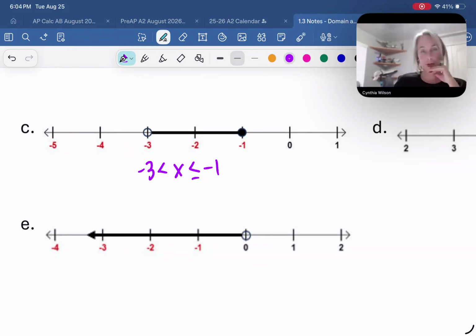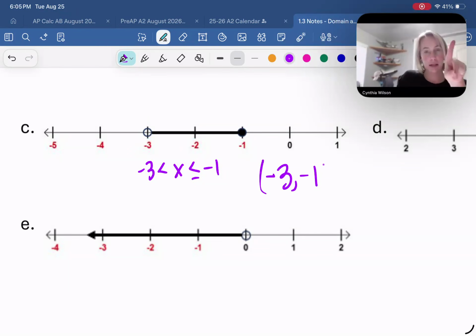Now we'll do interval notation. We're beginning at -3. We're ending at -1. What's going to go around the -3? Good.